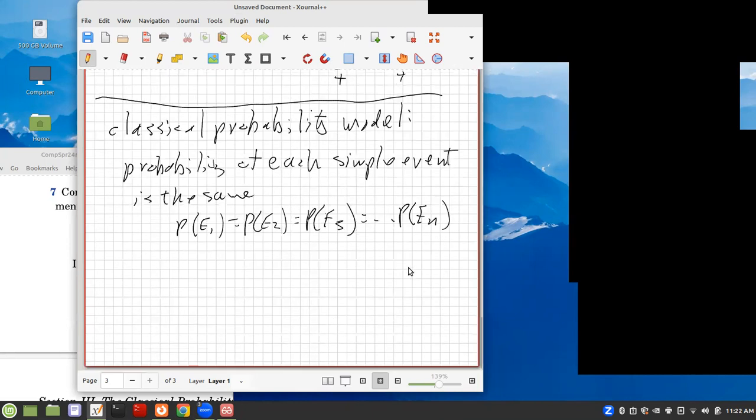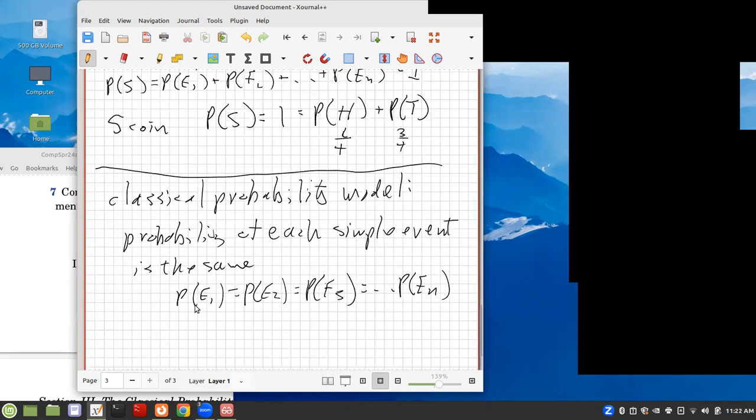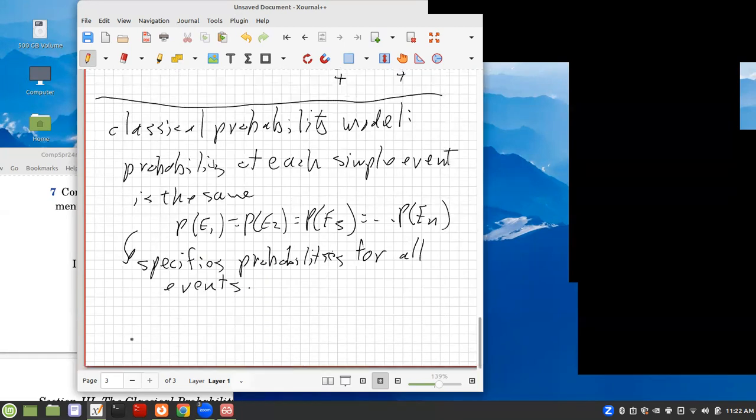Okay? So in that case, just this one choice, along with the probability model requirements, specifies probabilities for all events, for all subsets. Because any event E can be viewed as, say, E1 union E3 union E7, like that.